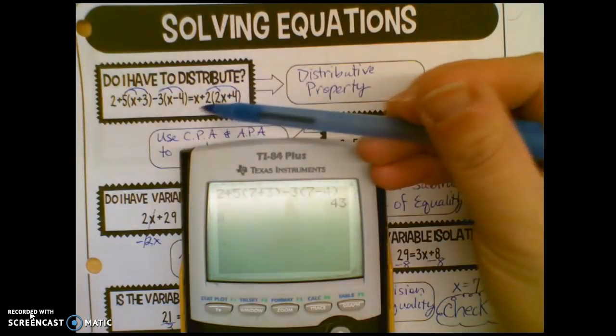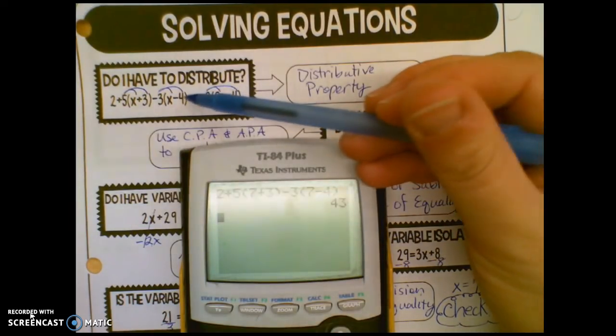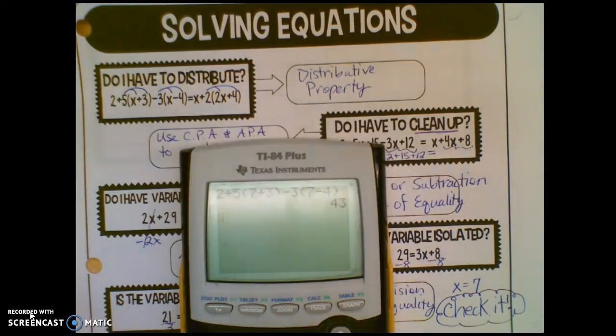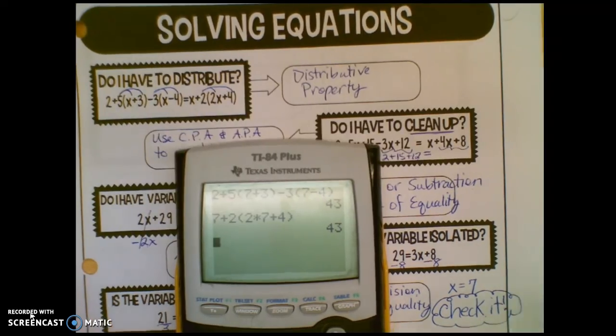Now we're going to make sure that it matches on the right side, because an equation should be equal on the left and the right. So we have 7 plus 2, parentheses, 2 times 7, plus 4, and the parenthesis. And we get 43 on both sides. So that means our solution is correct. And we can give it a little check mark right here.